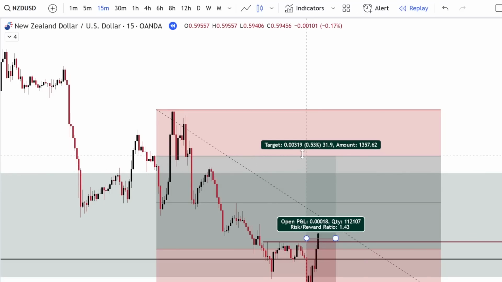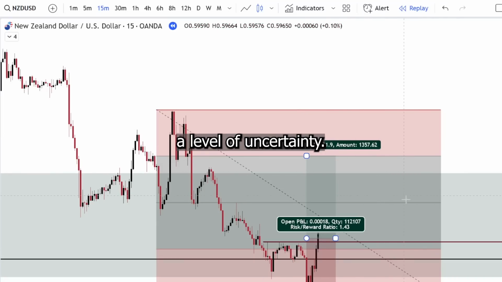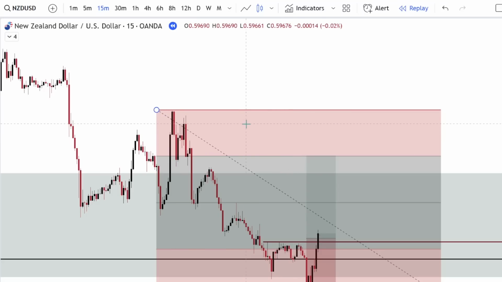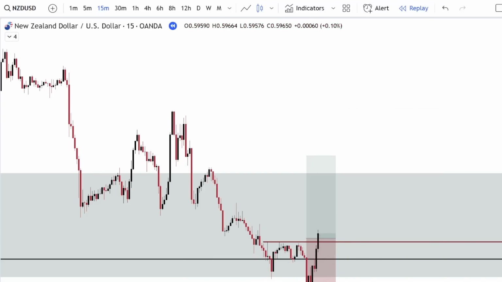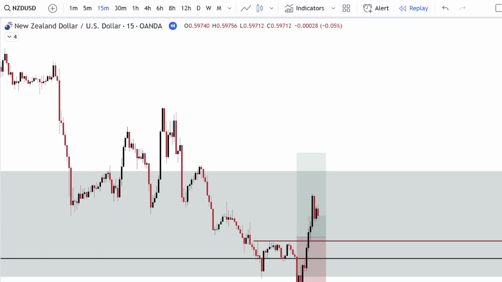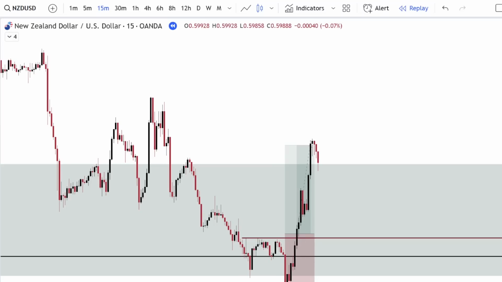Your second TP could be here, and you can hold the trade further than that. But of course, like we said previously, you always want to exit where there is a level of uncertainty, and our level of uncertainty is our extreme. And it hit our TP.